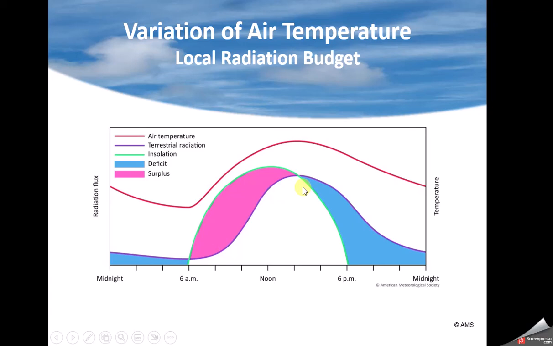At that point, the Earth is heated enough that outgoing radiation balances it. That's when your maximum temperature occurs, in mid-afternoon. After that, the Earth is fairly warm, and so is the atmosphere, but you're losing solar radiation, so your temperature drops quickly for a while. Then it slows down after that.